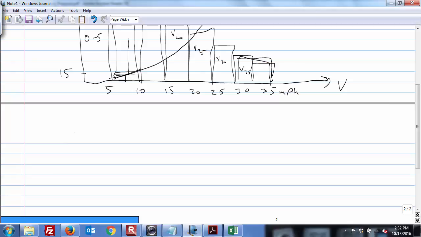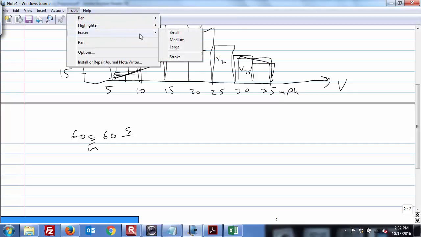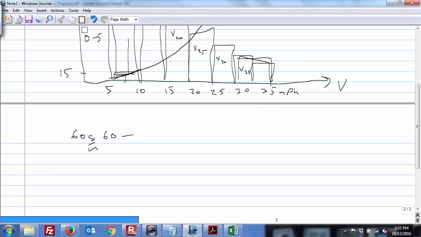So we're doing 60 seconds per minute, times 60 minutes per hour, times 24 hours per day, times 365 days per year.